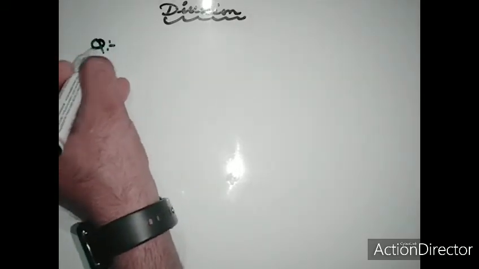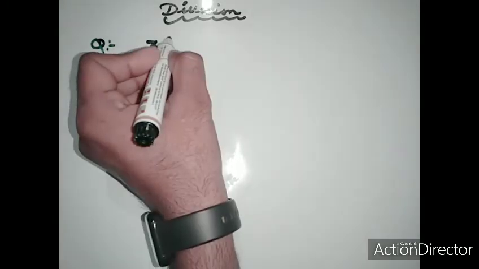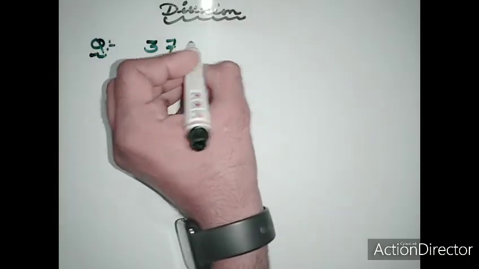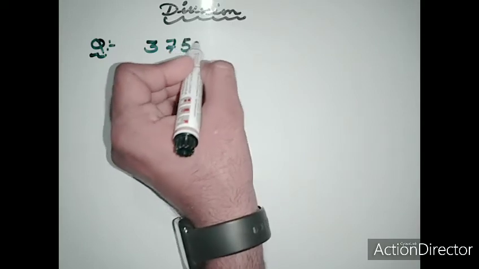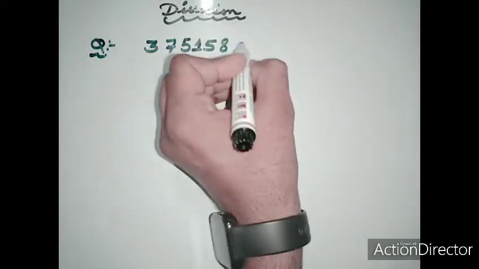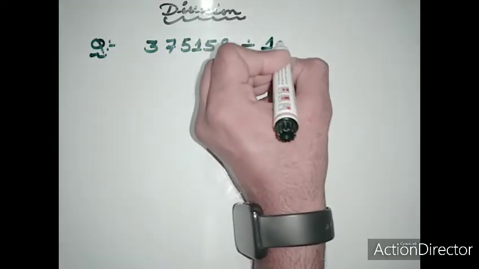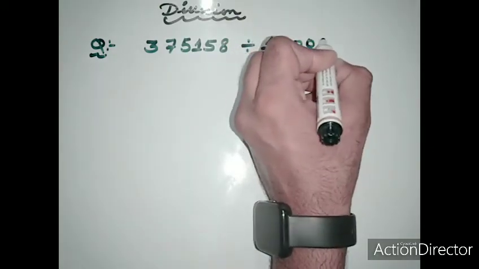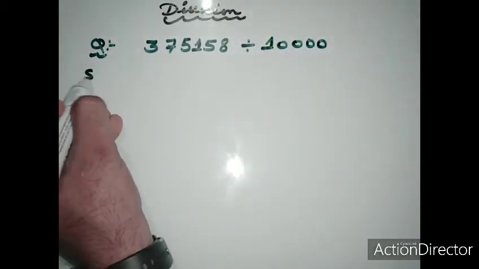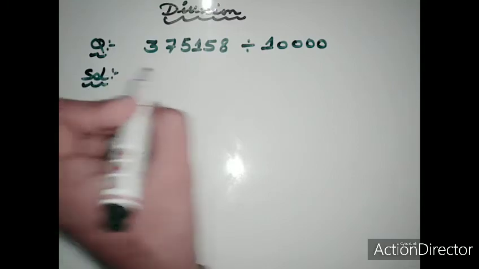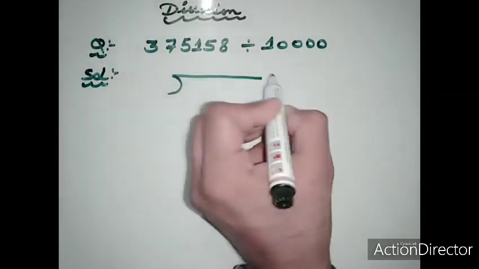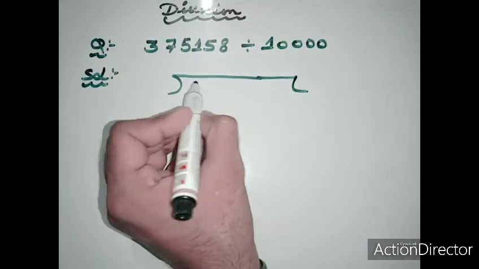So here we take first question here. Here we divide 3,75,158 by 10,000. Right? So here we use basic method of division here.